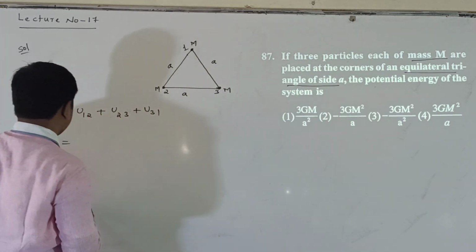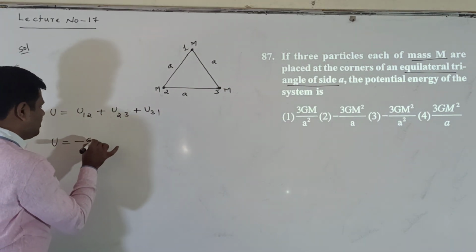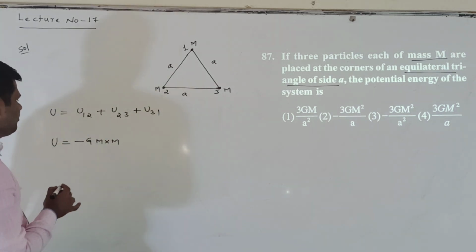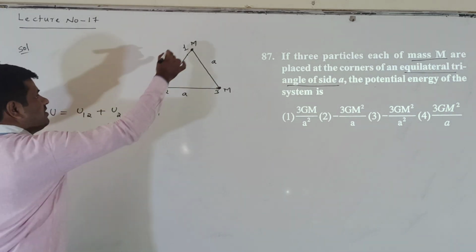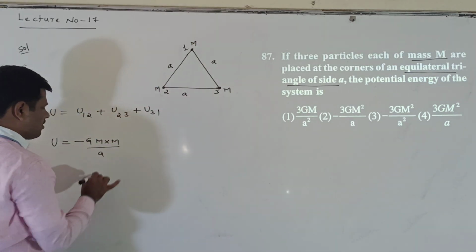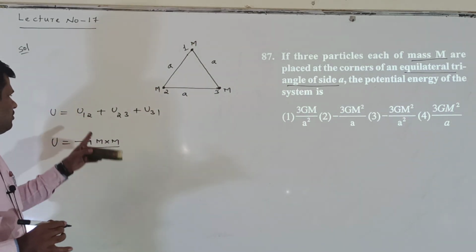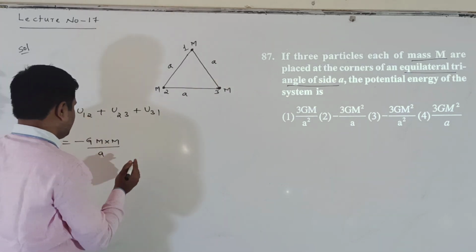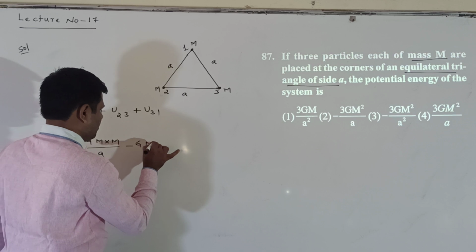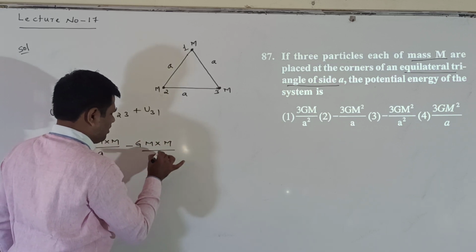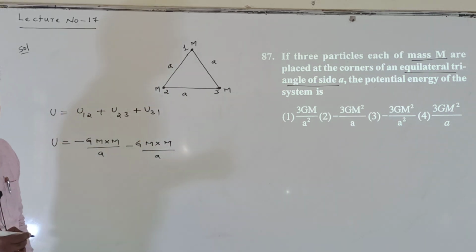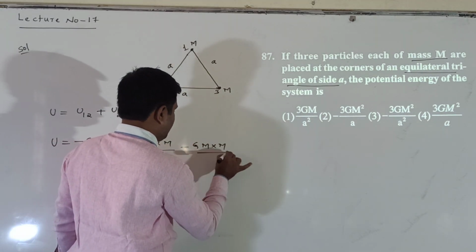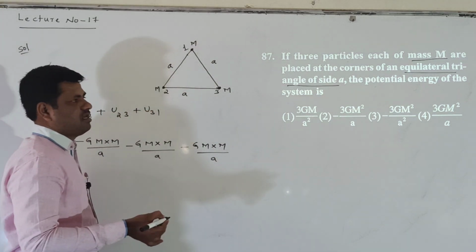Here both particles have mass capital M, and the distance between them is A. So U12 is minus G M into M by A. Similarly for particles 2 and 3, M into M by A, with distance also A, and likewise for the third pair.